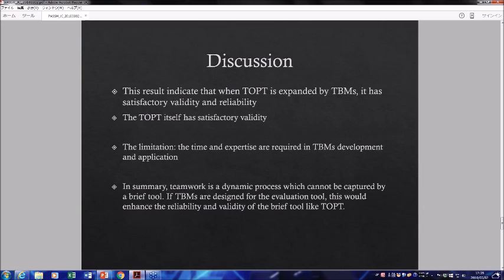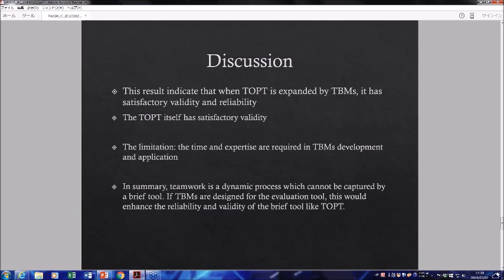So in summary, teamwork is a dynamic process which cannot be captured by a brief tool. If TBMs are designed for the evaluation tool, this would enhance the reliability and validity of a brief tool like TPOT. Let me explain a little bit about the first two results.